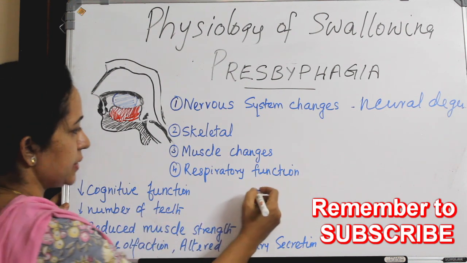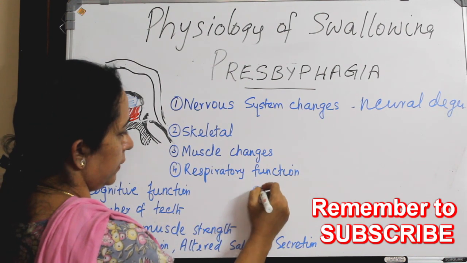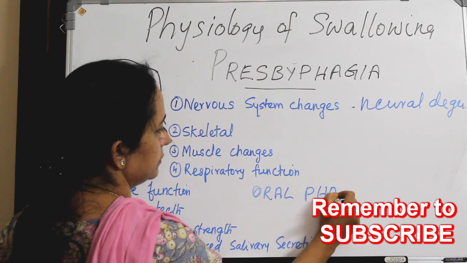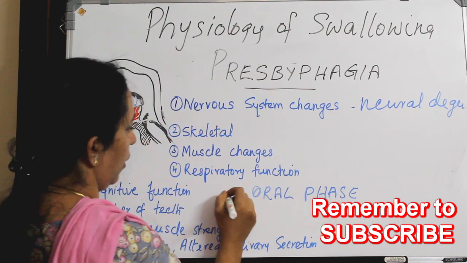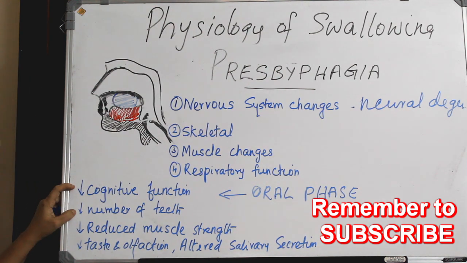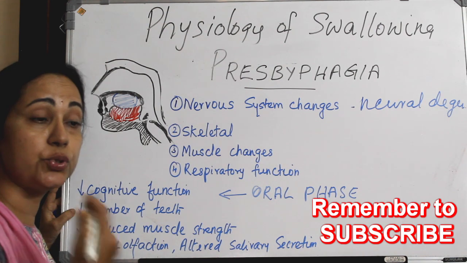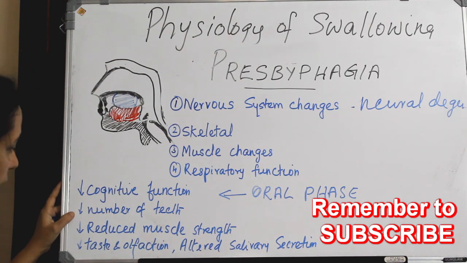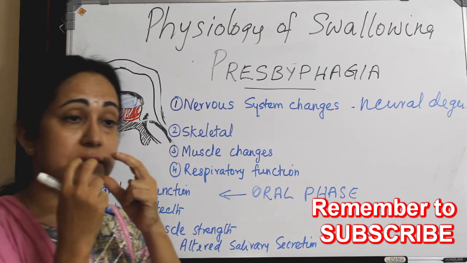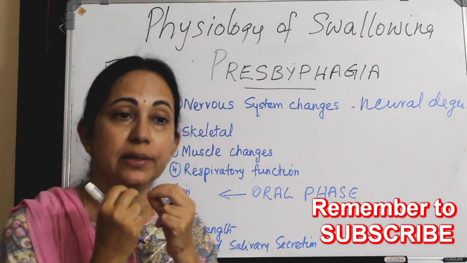So in the first stage, which is the oral phase, all these happen because there is reduced cognitive function, and because there is a reduced number of teeth, the chewing is not happening properly. Reduced muscle strength is there, especially in the first stage, where there should be approximation of the lips.